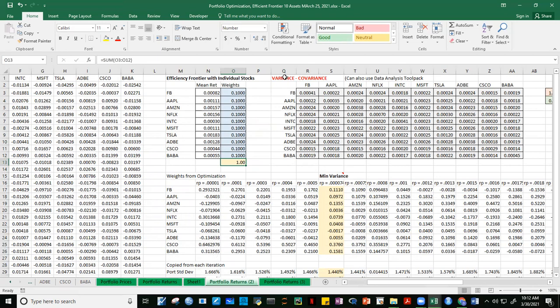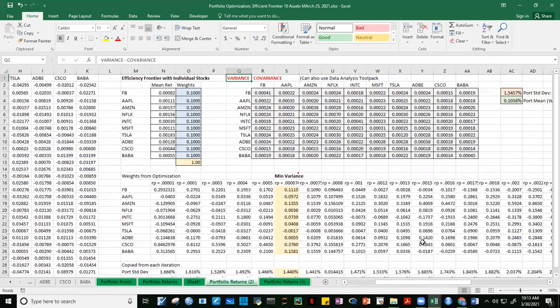Okay, nasa Q1 ako dito, sinulat ko yung variance covariance. Okay, tapos, i-copy na natin yung mga names, both row-wise and column-wise. Tapos, di ba, ginawa na natin to dati?